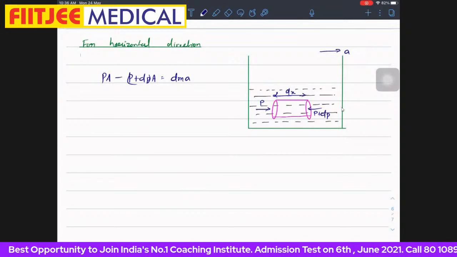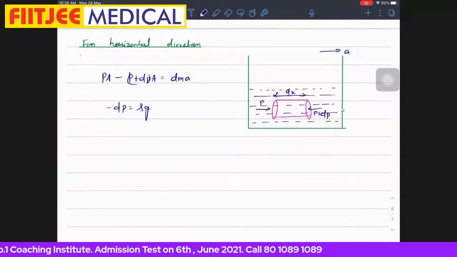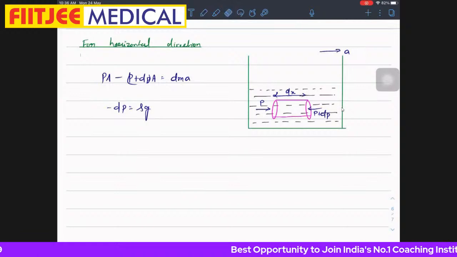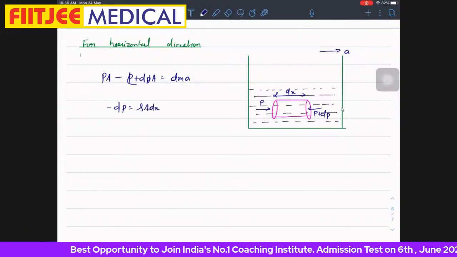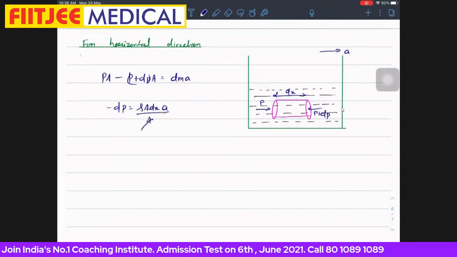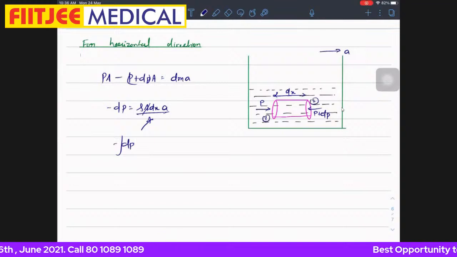So this will become how much? Minus dP equals rho g. There's no term g here, rho into area into dx into A divided by A. So minus dP, suppose I take this point as 1, this point as 2.